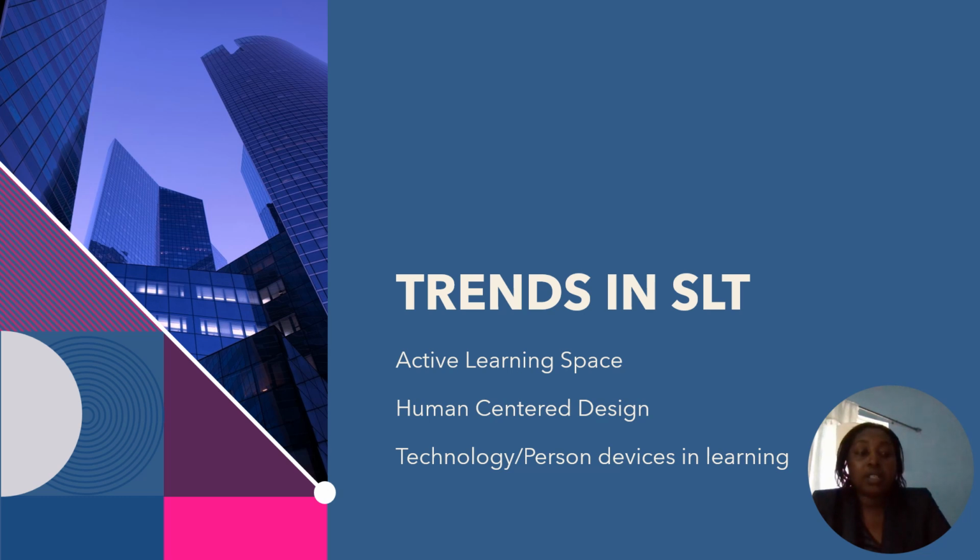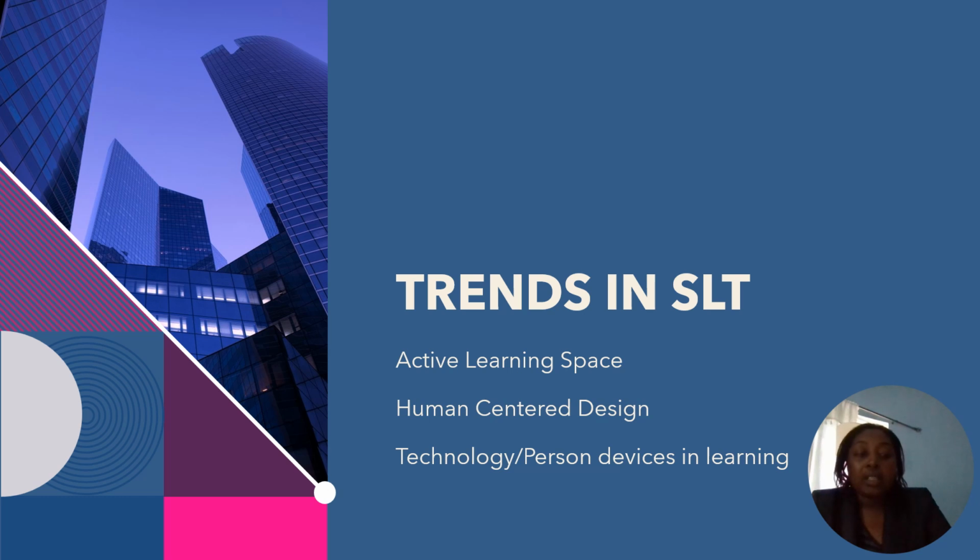So current trends in social learning really focus on designing spaces that foster active and social learning strategies. This includes active learning spaces, human-centered design, and technology and how it influences learning.